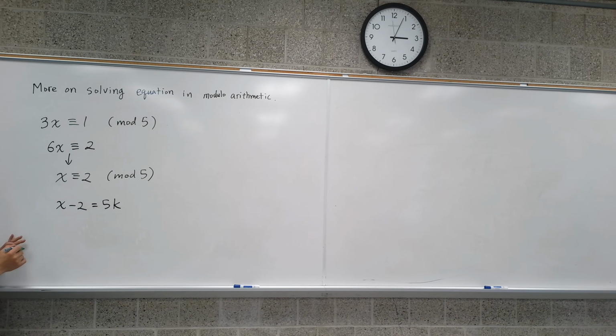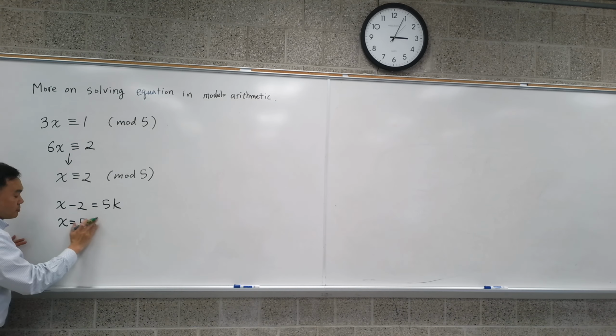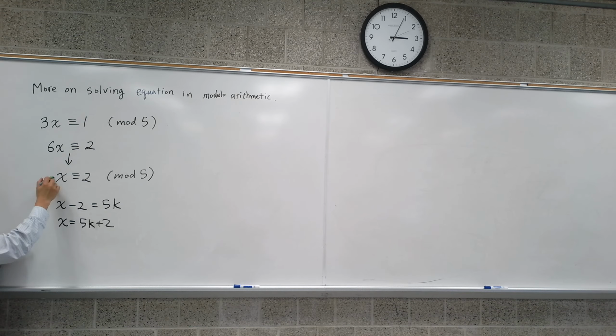Is that okay? And you can move the 2 to the other side and you get x equals 5k plus 2. In fact, you can go from here to here straight away by saying that x is a number where if you divide by 5, you get some quotient, and 2 is the remainder. That's just another way of saying the same thing, right?